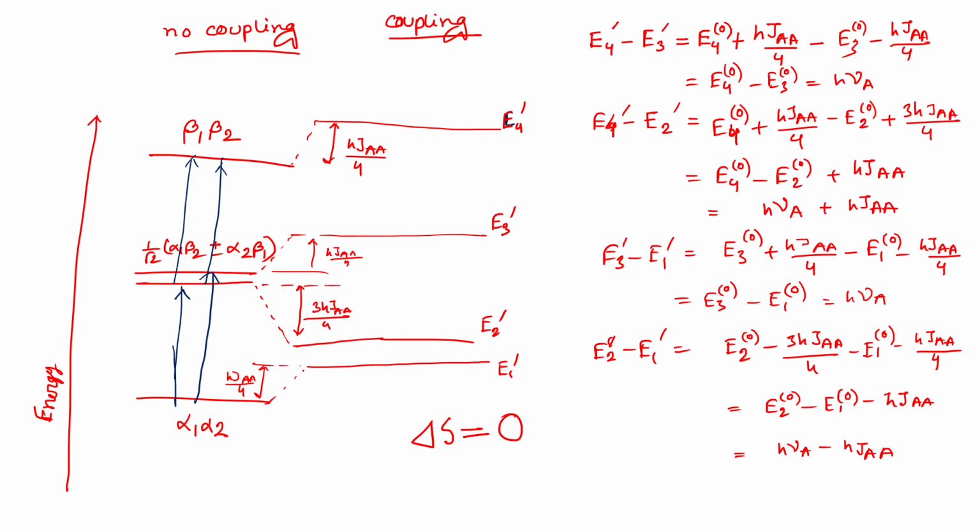But now, as here your spins are indistinguishable, you can see only one state, that is alpha 1 beta 2 minus alpha 2 beta 1, that is now your antisymmetric, and that is the singlet state, and the others are triplets. So only allowed are triplet states.